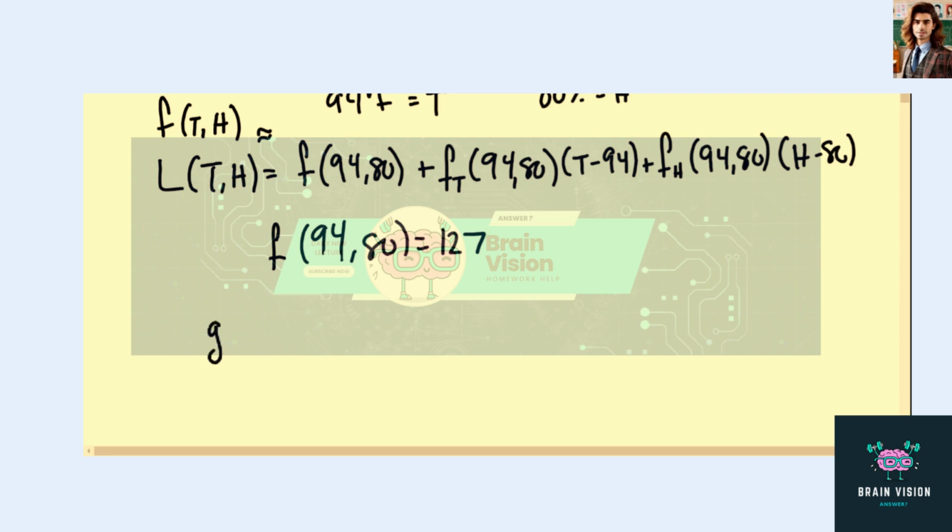Okay, so we can consider a new function. G of t is equal to this function of t where the humidity is always 80. Okay, but we want to do that specifically where t is equal to 94.